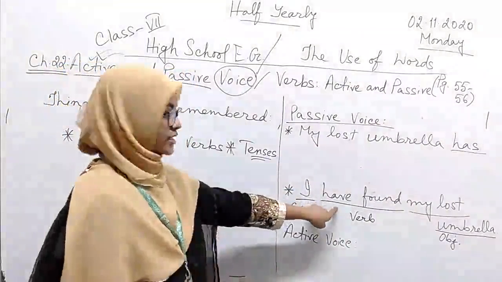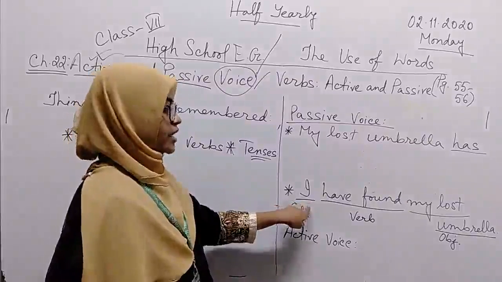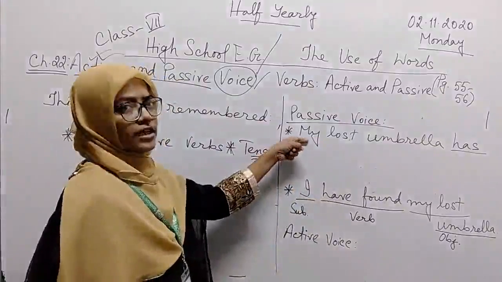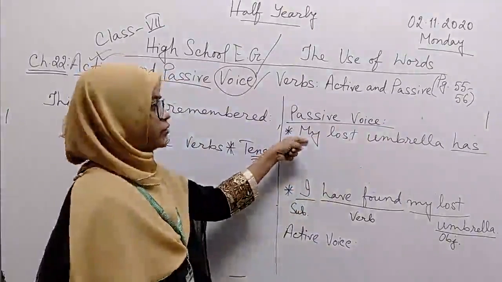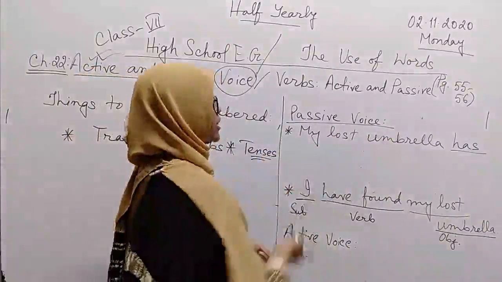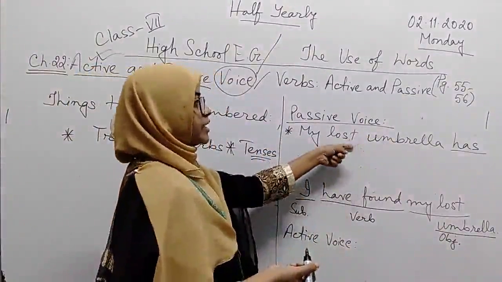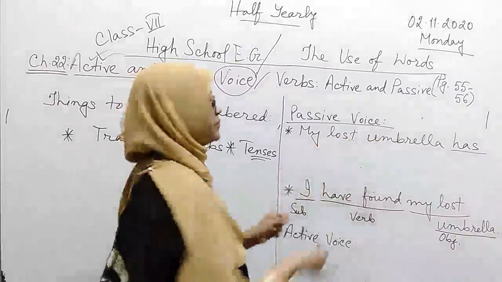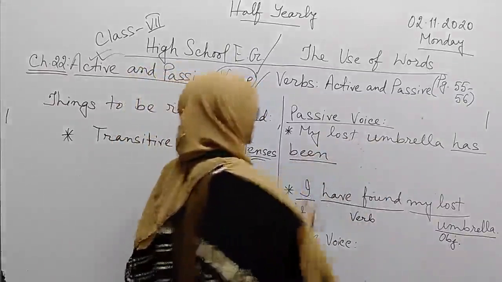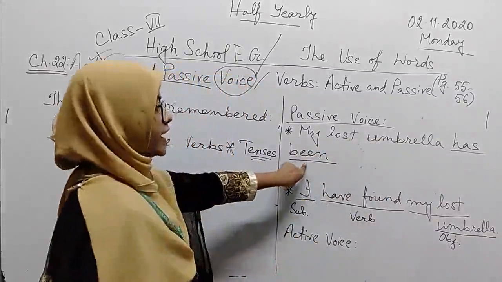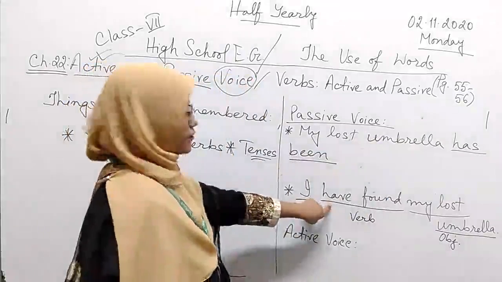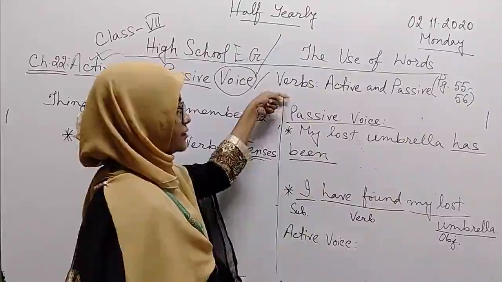Right? We all know that. With I, we have to write have. But with other things, we write has. So my lost umbrella, this is singular in number. That is why we can write has. Has been. This is the word that we add while changing the perfect tenses from active into passive. Okay?